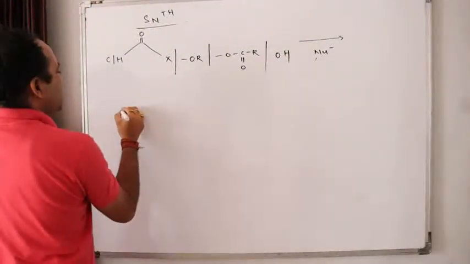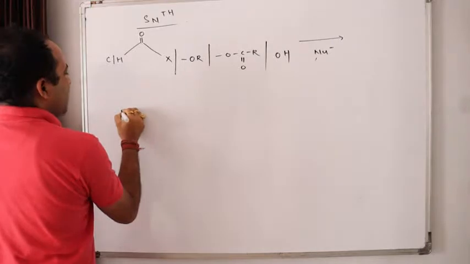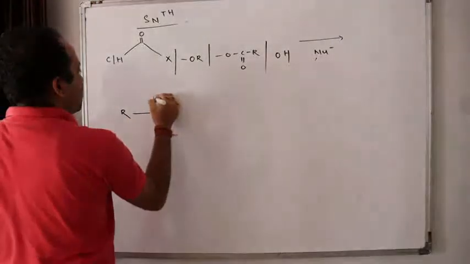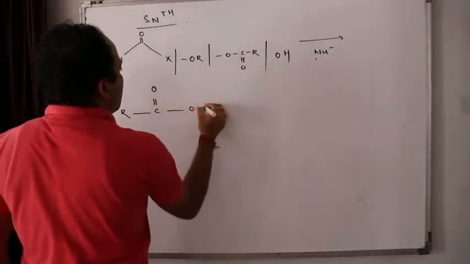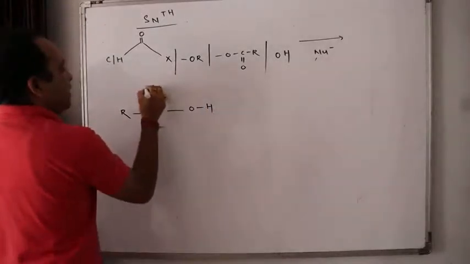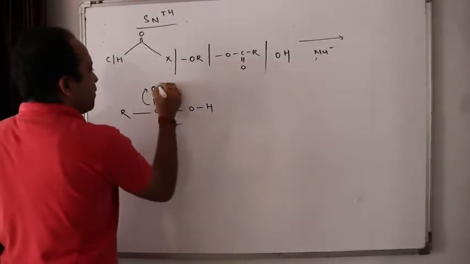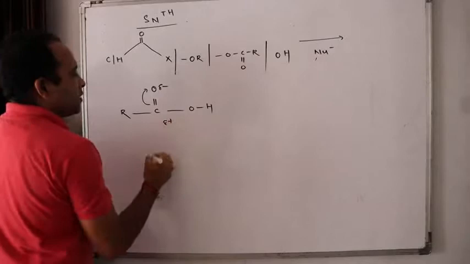Now, let this be R, common for everything, COOH. Now, when this comes here, this will become negative, this will become positive.